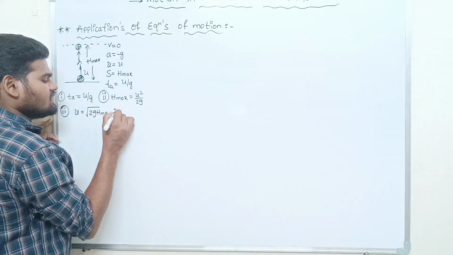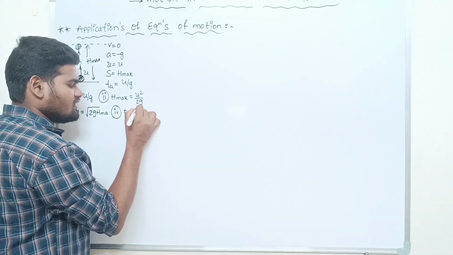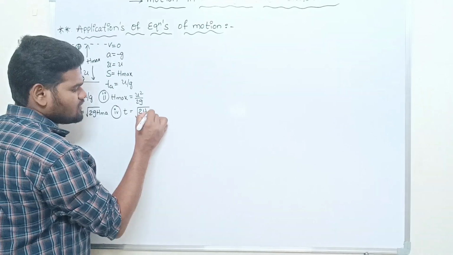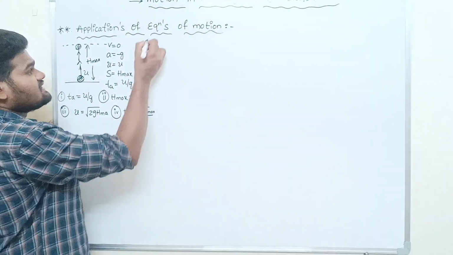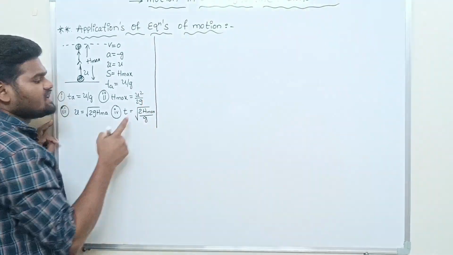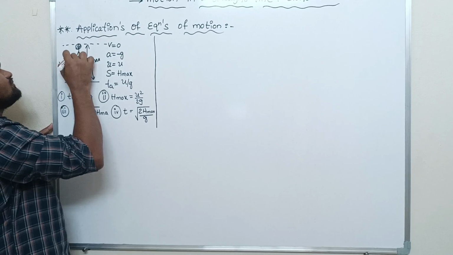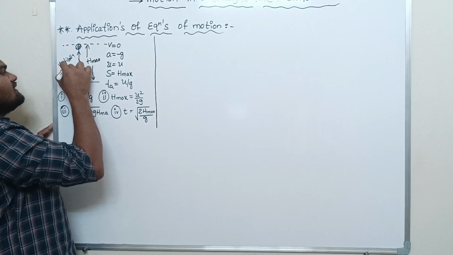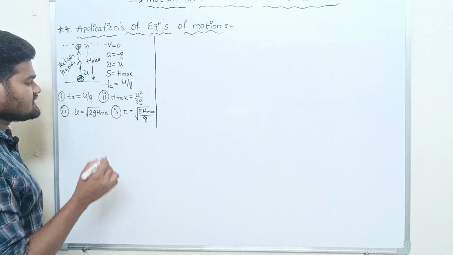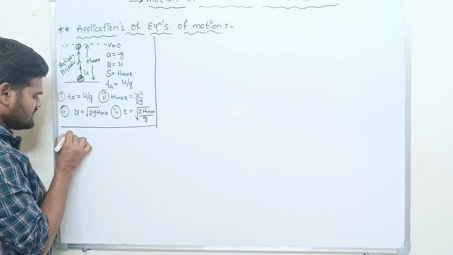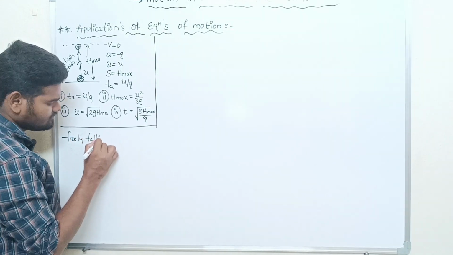Fourth, time in terms of displacement is under root 2 H by g. This is what we discussed in our previous lecture for a vertically projected body or object.